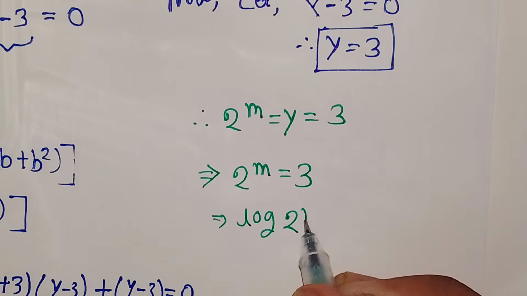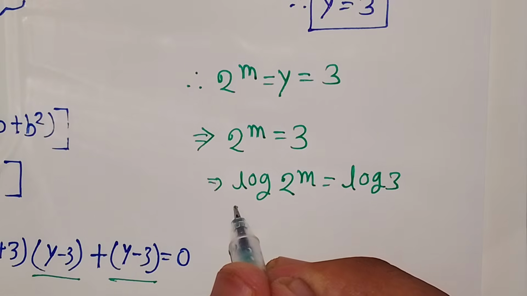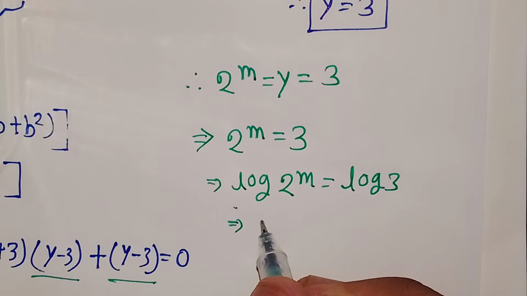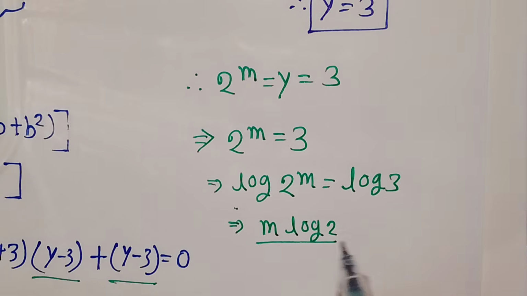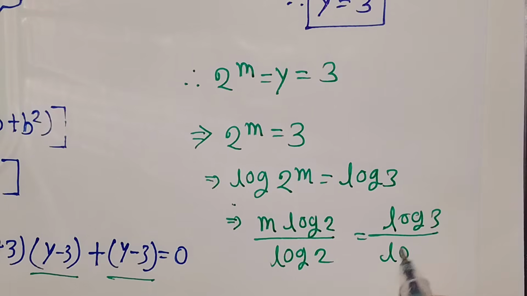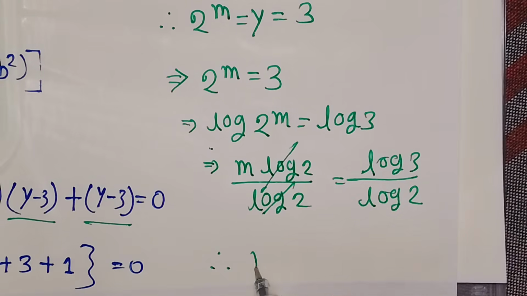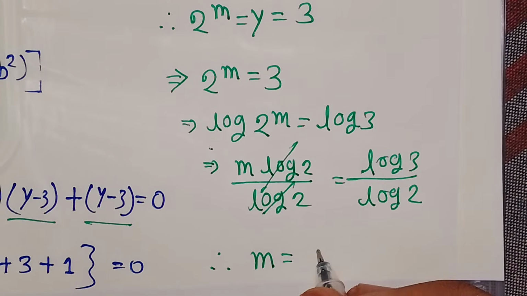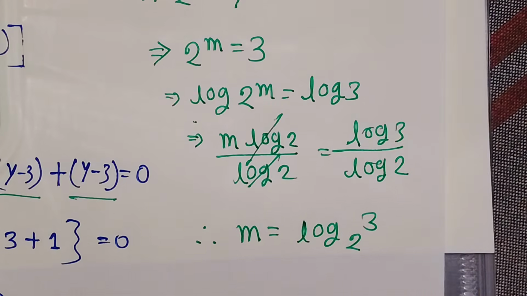So we take a logarithm on both sides, which gives m log 2 divided by log 2 and log 3 divided by log 2. So now we cancel both and get the real value of m is equal to log 3 base 2.